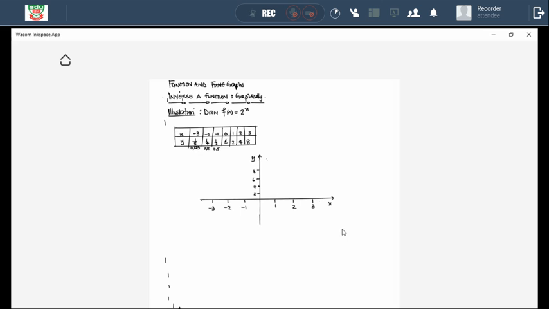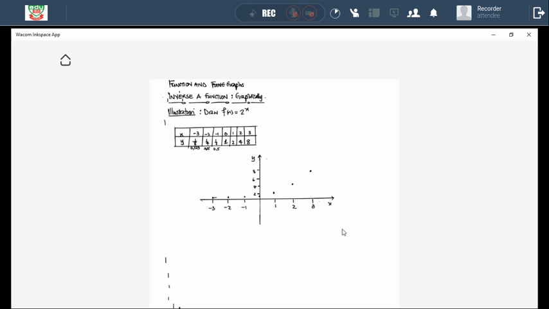If I'm to draw, the first one is 0.125 somewhere there. A quarter, 0.25 somewhere there, then -1, that's 0.5 somewhere there. Then from there it passes through 0 and 1, then 1 and 2, then 2 and 4, then 3 and 8.